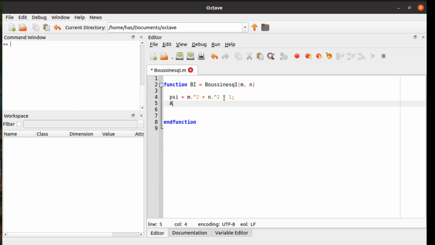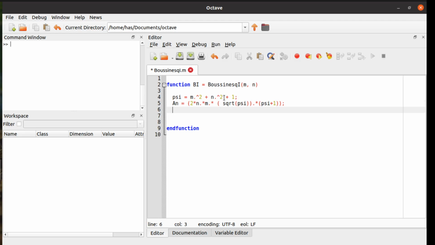Another thing is the numerator of the term a, so 2 times n dot m dot multiply, so element-wise multiplication, square root, parenthesis, square root of psi, then multiply it with psi plus 1, semicolon.